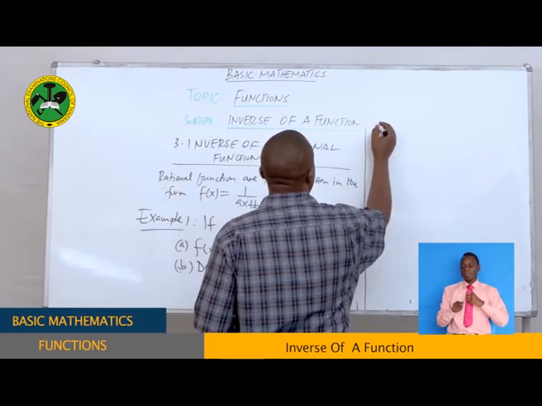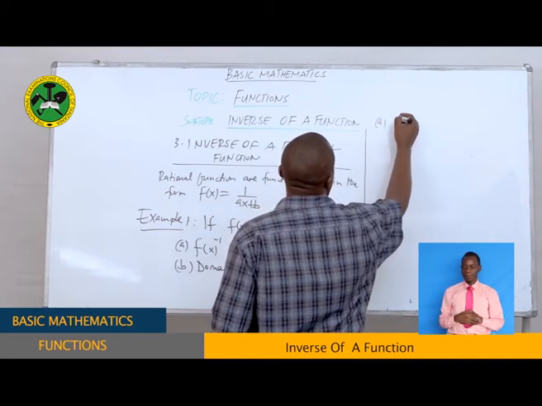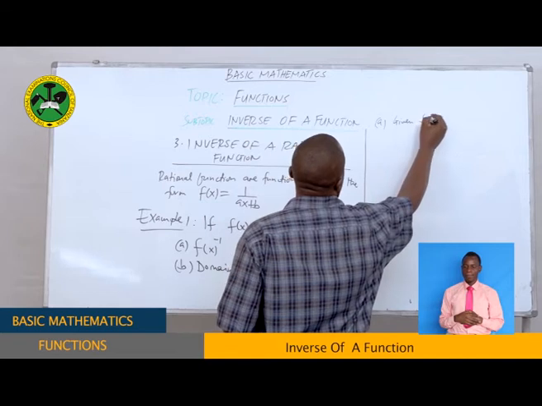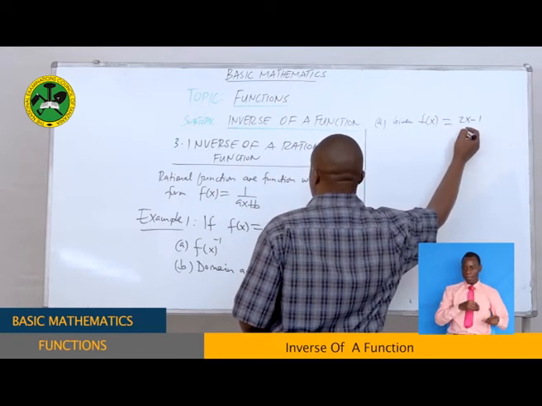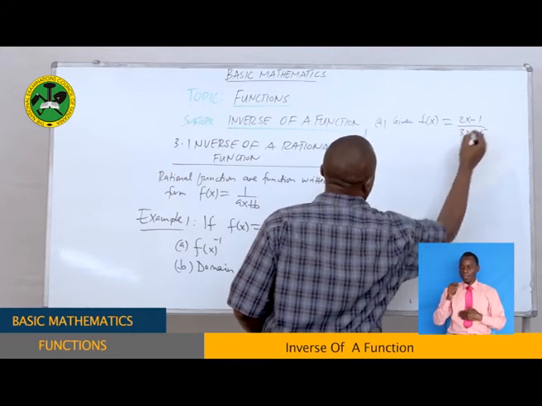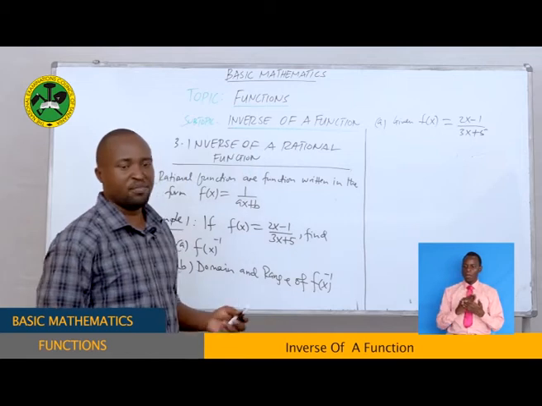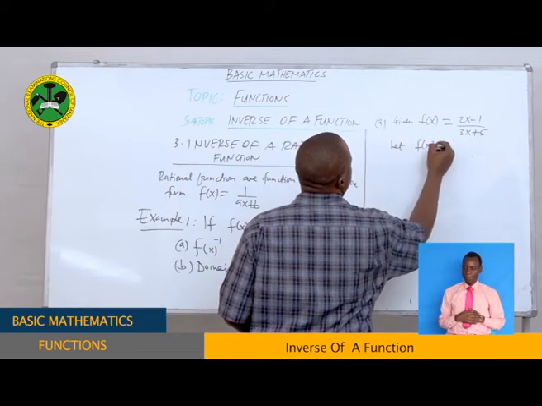So starting with A, that is given, f of x is equal to 2x minus 1 over 3x plus 5. The first step, just let f of x is equal to y.